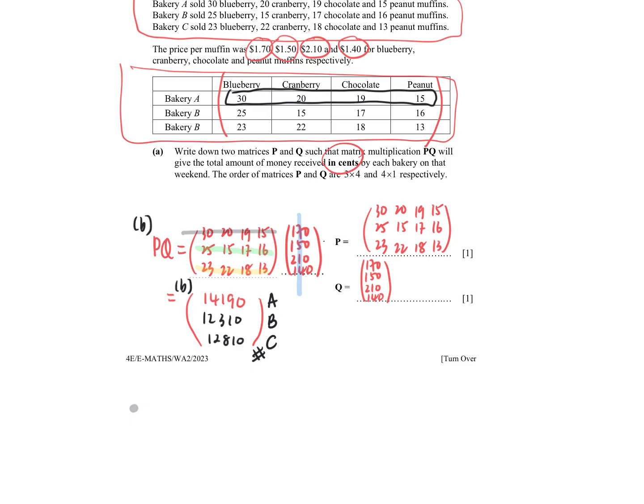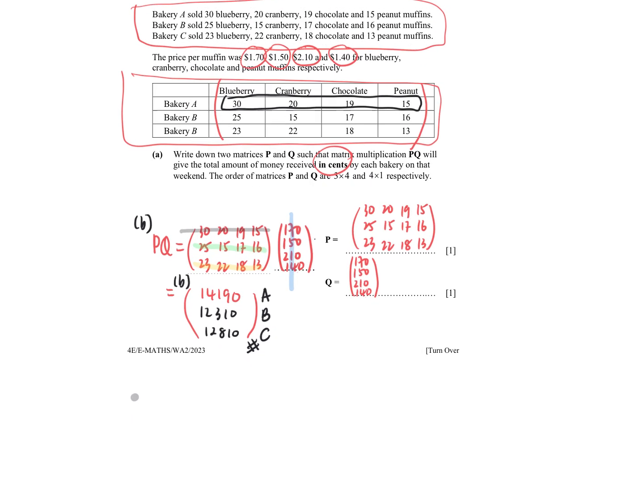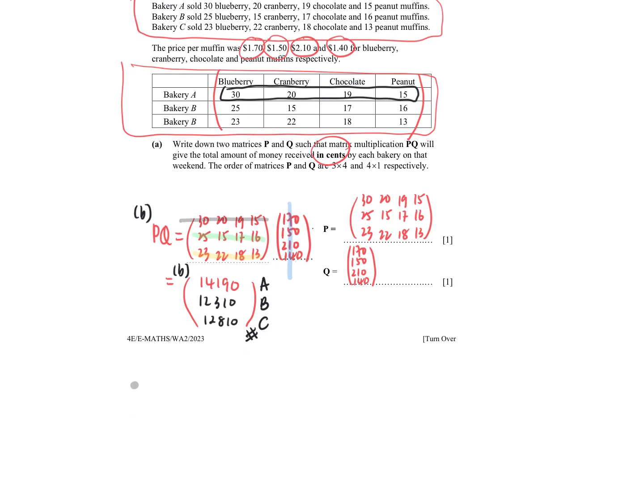Okay, wait, let's try to digest what they are saying. Wait, I need to see the question. From each of the 3 bakeries, so I only want to find out what? This is the total sales, right? Then just like percentage of them.